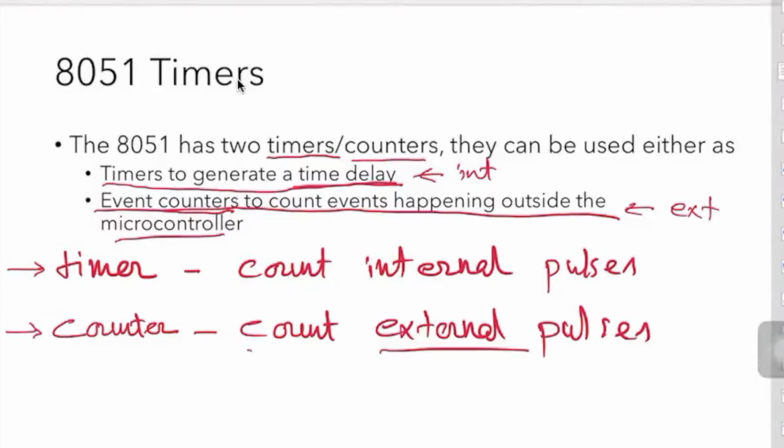So remember, there are two timers, timer 0 and timer 1, and the function of this timer is to act as a timer or as a counter. Whenever you talk about a timer or a counter, let me call it timer only. There are three registers you must remember. One is the timer register itself. This is a 16-bit register.